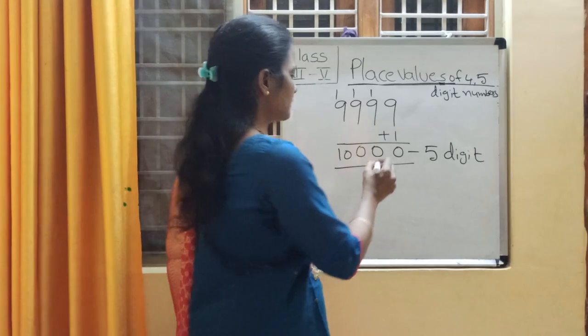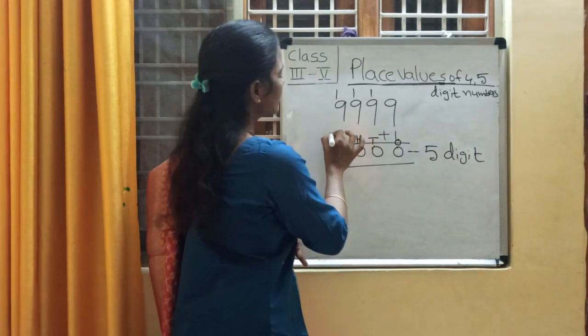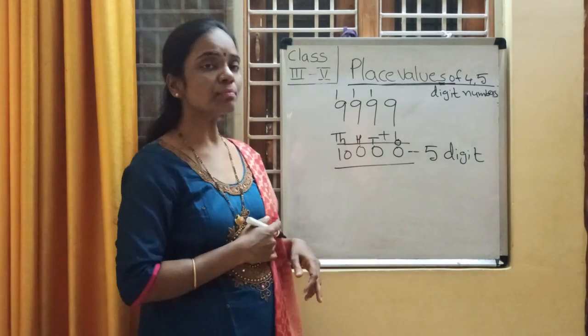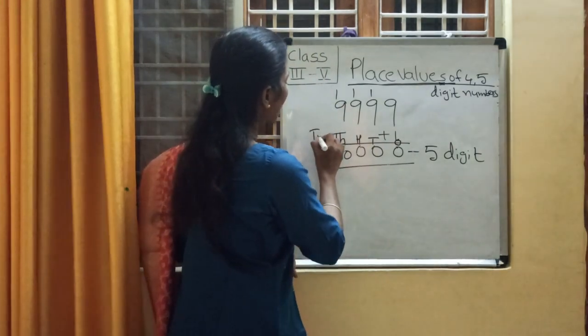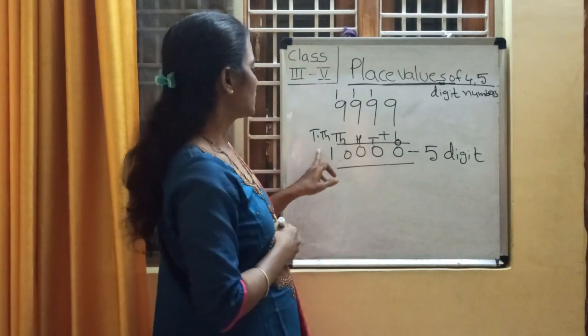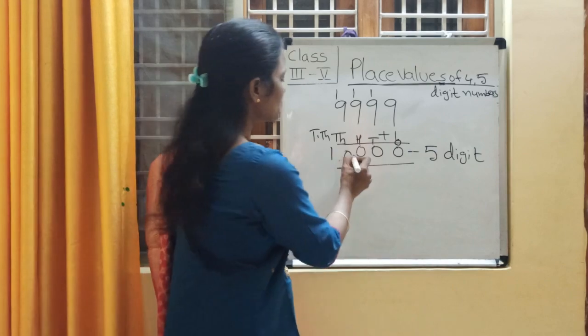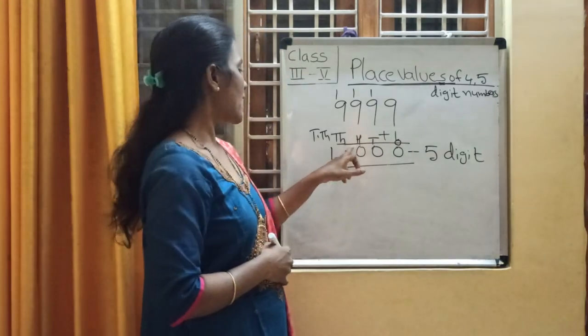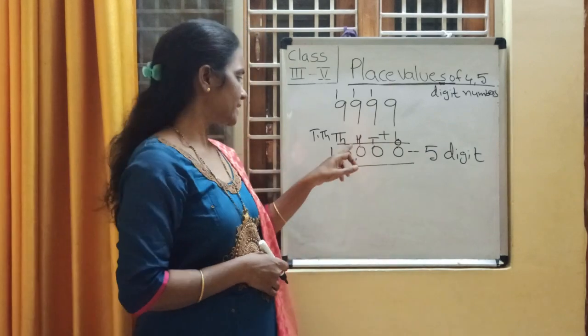And write down the places. 1's place, 10's place, 100's place, 1000's place. And 10,000's place. A new place is added, that is 10,000's place. Put a comma after the hundreds period. So we need to put a comma after each period.